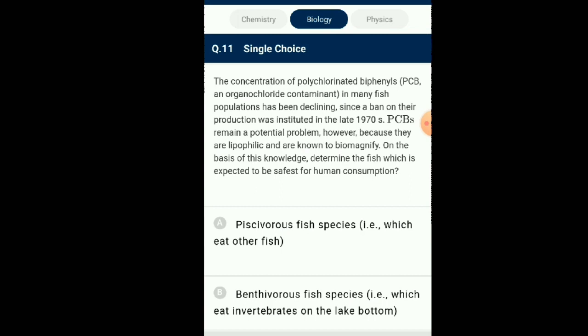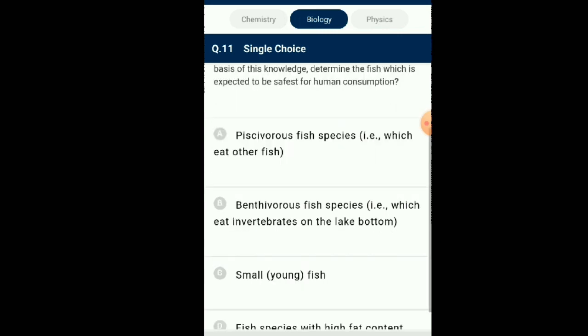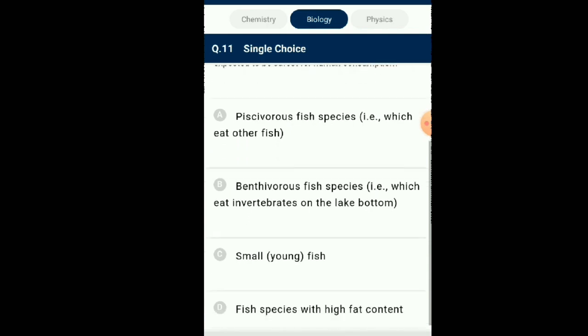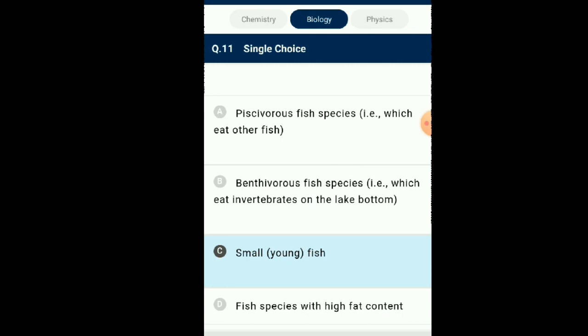In many fish populations, the concentration of polychlorinated biphenyls has been declining since a ban on their production in the 1970s. So the answer for this question is option C, small young fish.